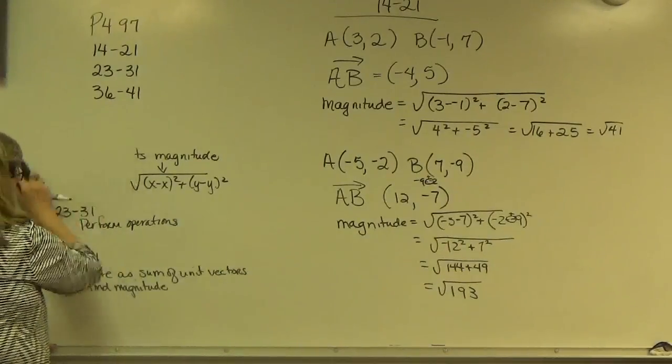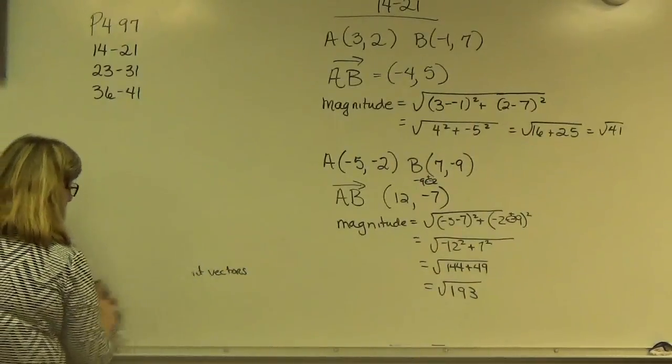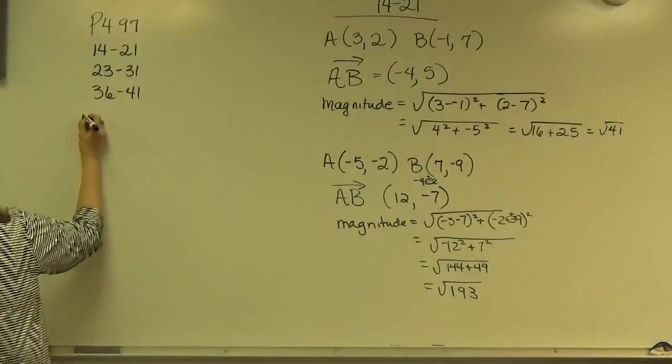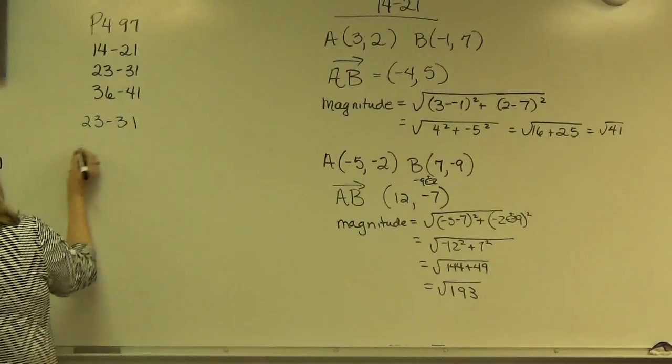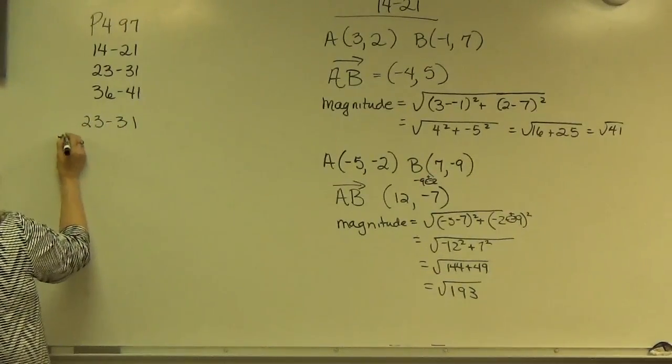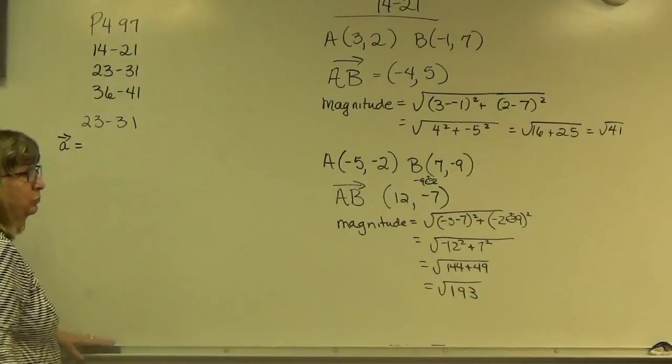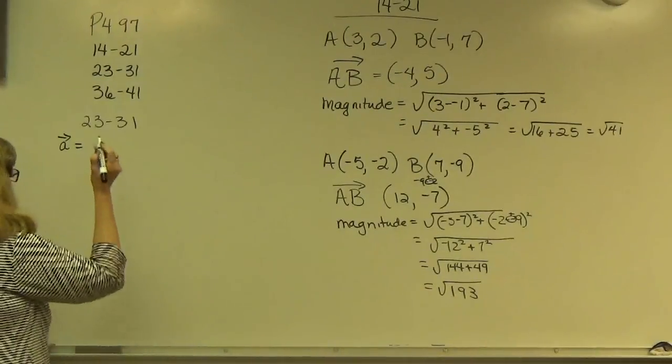23 through 31. You're going to have, and I don't know what variables they use in the book, but I'm making up my own.